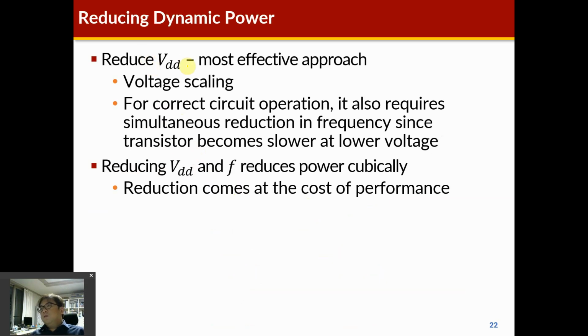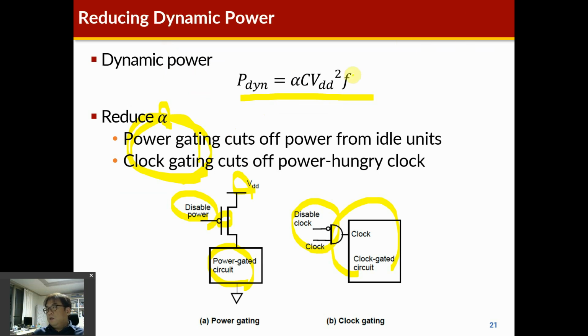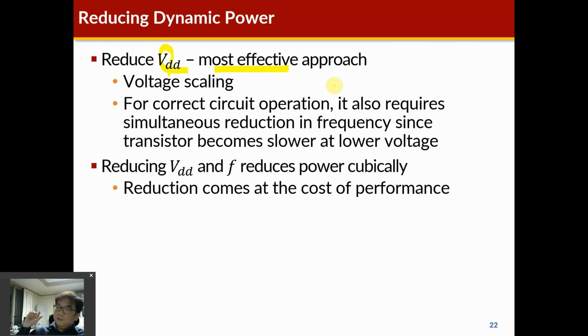And how can we reduce the VDD? This is the most effective approach. If we reduce the supply voltage level, then we can effectively reduce the dynamic power consumption. It is because of the square of the VDD here, and the frequency is proportional to the supply voltage.